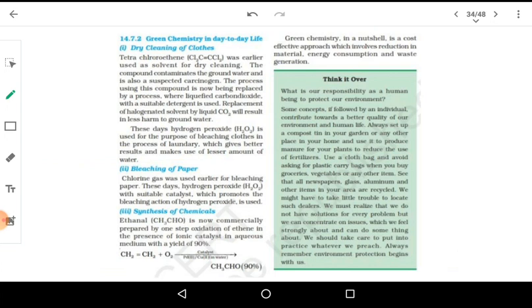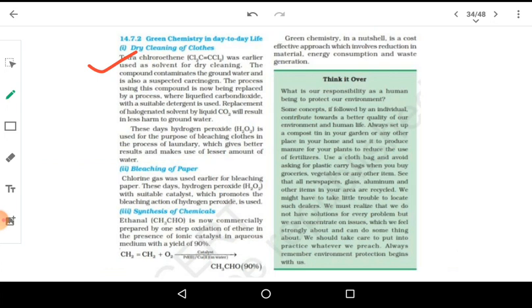Tetrachloroethene, Cl2C=CCl2, was earlier used for dry cleaning purposes. This compound contaminates the groundwater and is also a suspected carcinogen. The process using this compound is now being replaced by a process where liquefied carbon dioxide with a suitable detergent is used.